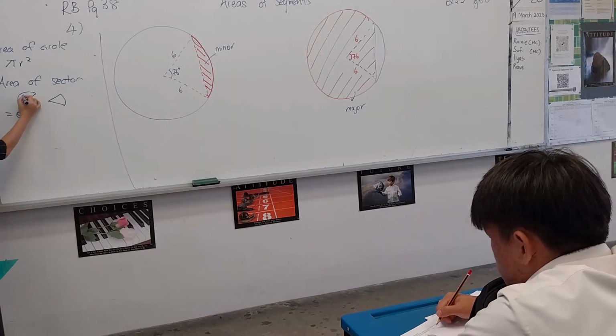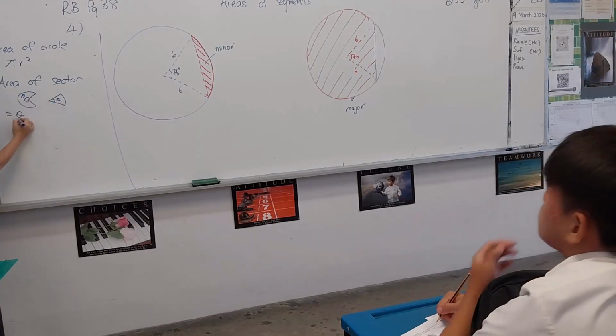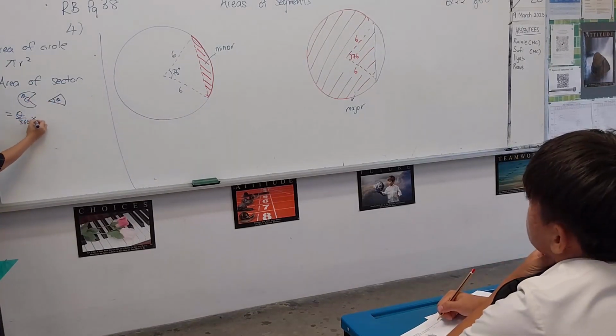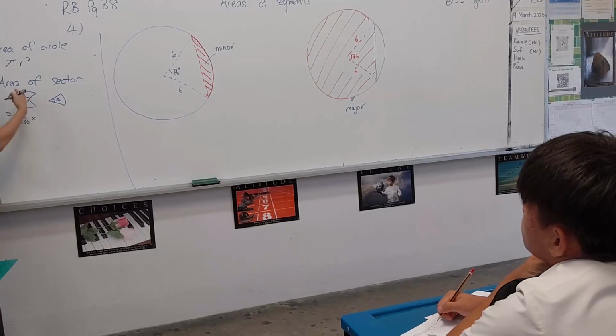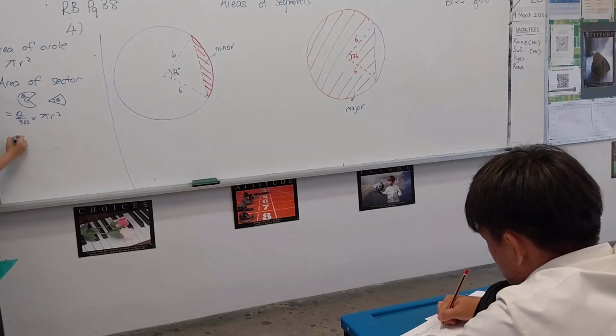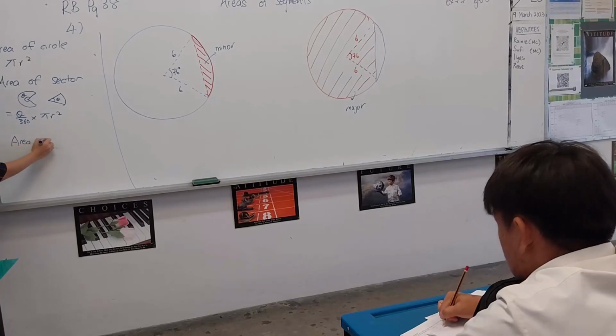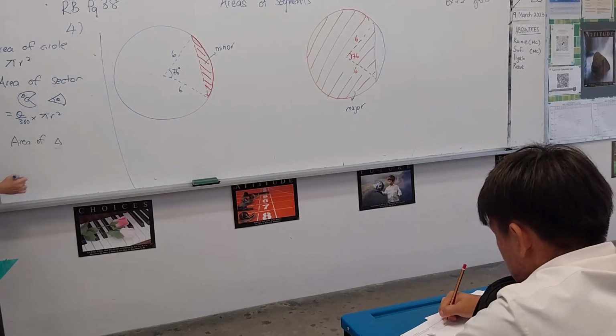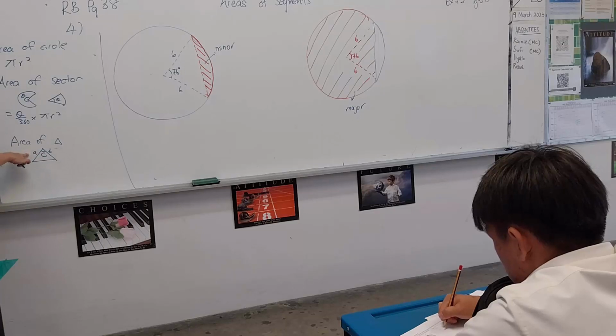What is the formula for the area of a sector? Theta over 360 times the area, pi r squared. And the last formula we'll need for today is the area of a triangle. The triangle will have the lengths A and B and the included angle here.